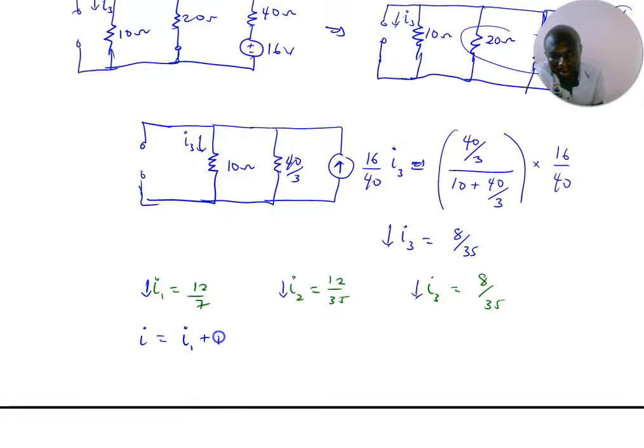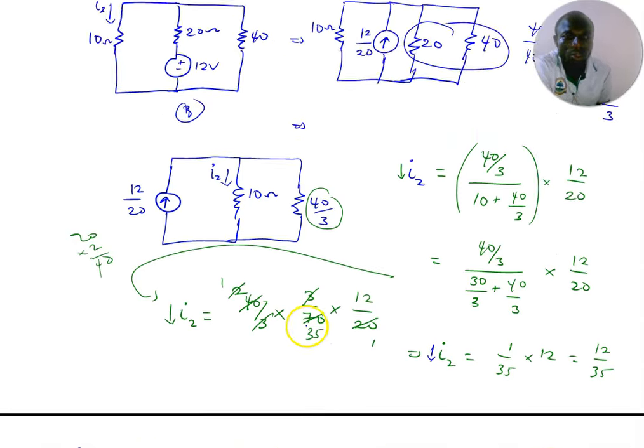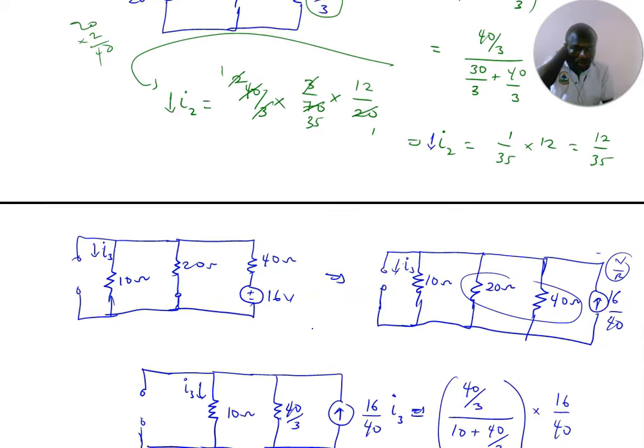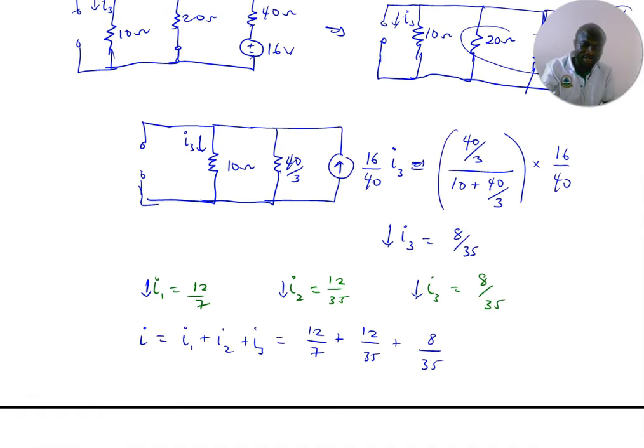So in that case, the I, which is the current flowing through the 10 ohm resistor, will be I1 plus I2 plus I3. And this is going to give us 12 on 7 plus 12 on 35 plus 8 on 35. What's the final answer for this?